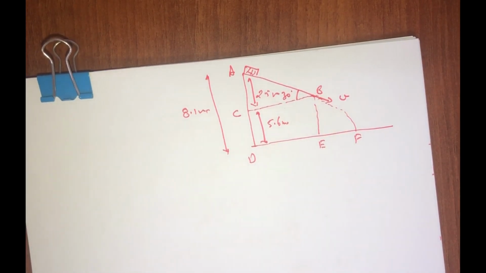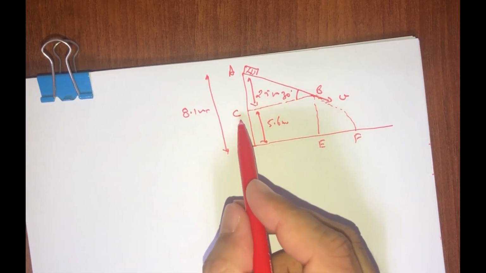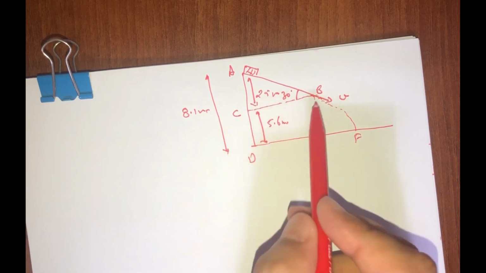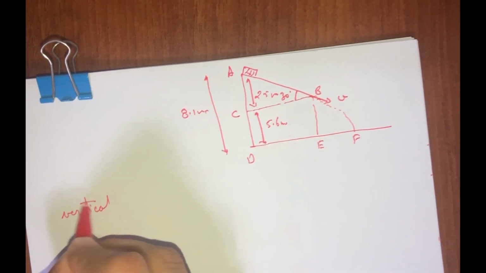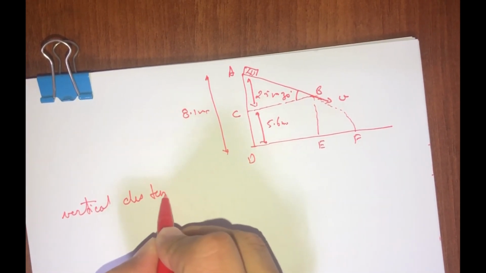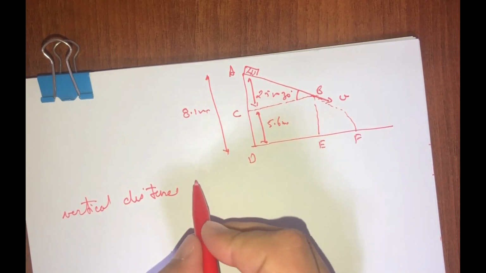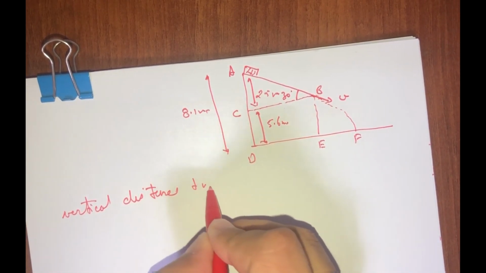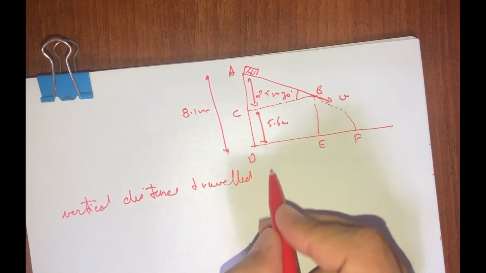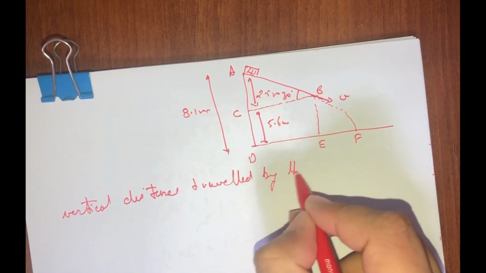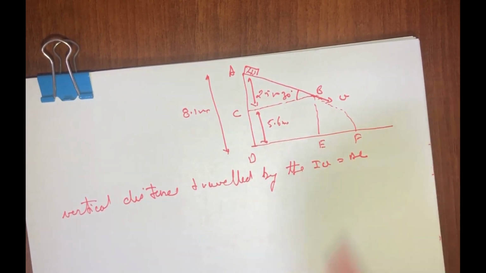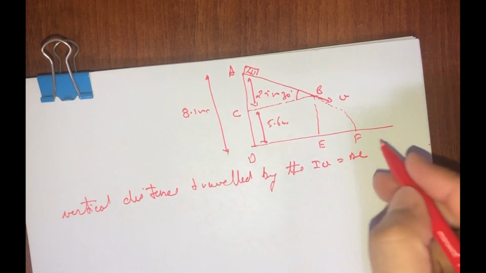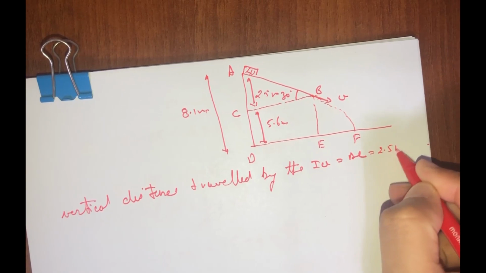So we already know that the vertical distance traveled by the block before the point B, the vertical distance traveled by the ice, is equal to AC, which we already found is coming as 2.5 meters.